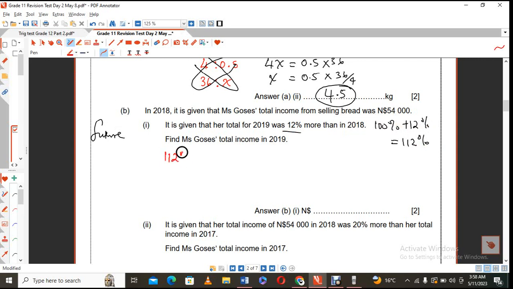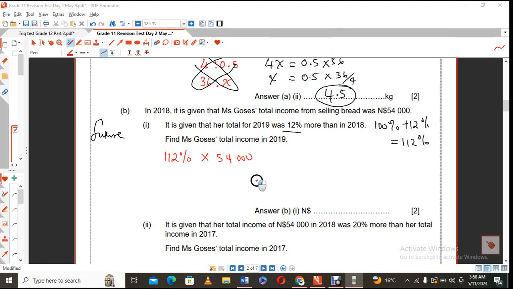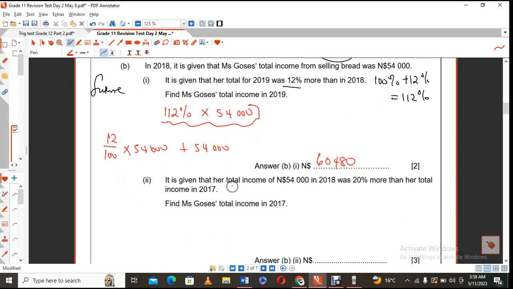You can calculate 112% of 54,000 in order for you to get the one for 2019. So that's 112% times 54,000. Well, that's 60,480. Other people could use other methods. They first calculate 12% of the 54,000, and that answer they then add to the 54,000. It's when you don't add the answer that your answer becomes wrong or incomplete.